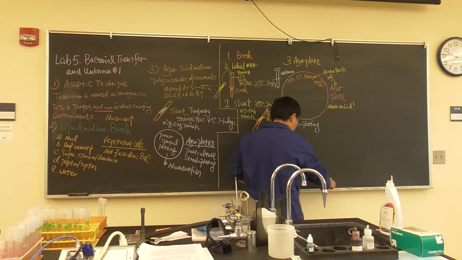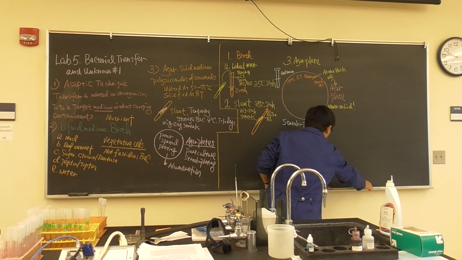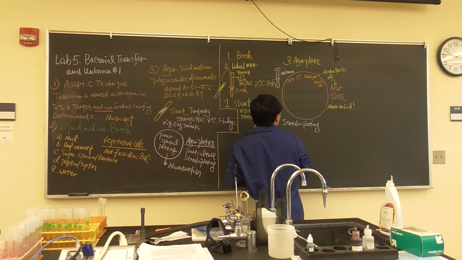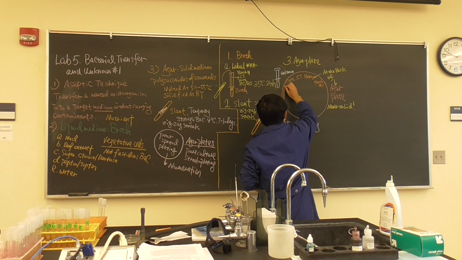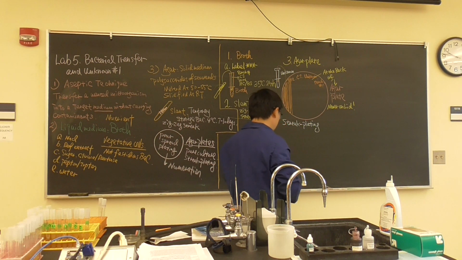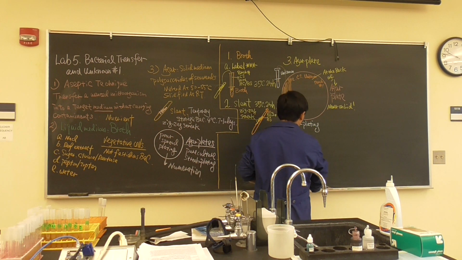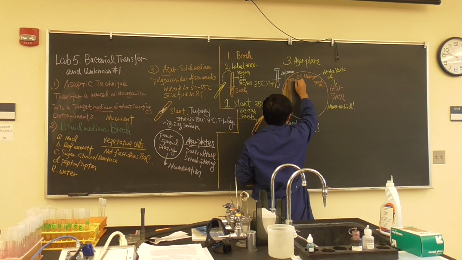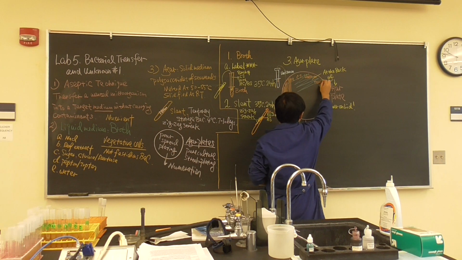You will pick some bacteria using a loop right here. Then in here, very, very gently do a first streak. Then flame your loop. At this edge, do a second less intensive streak.